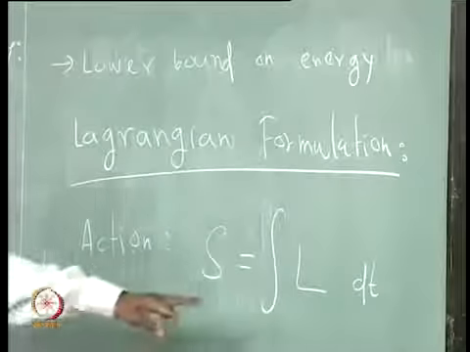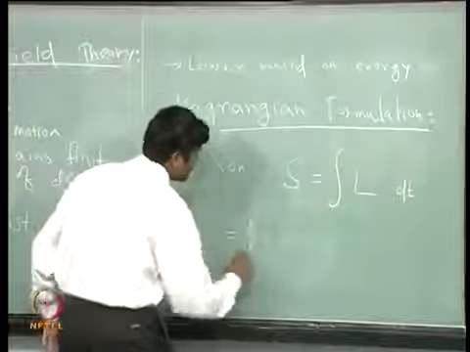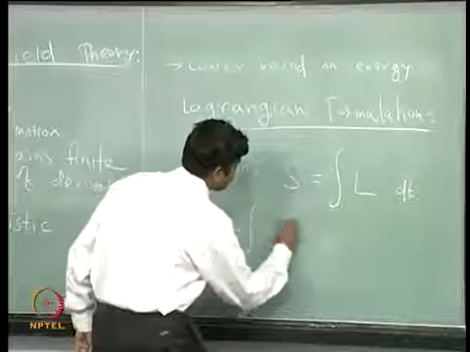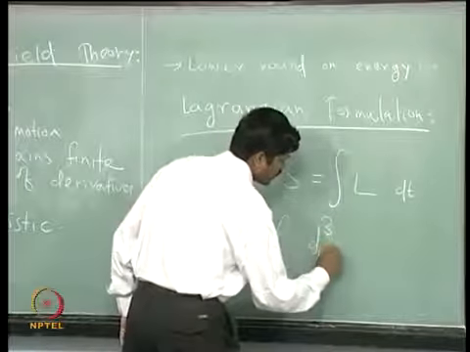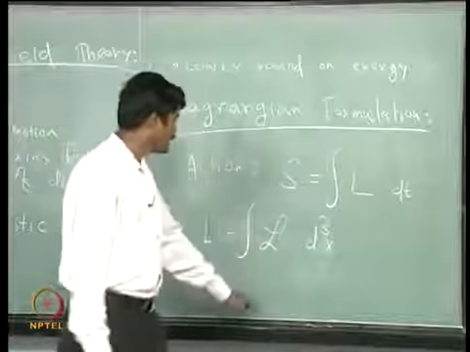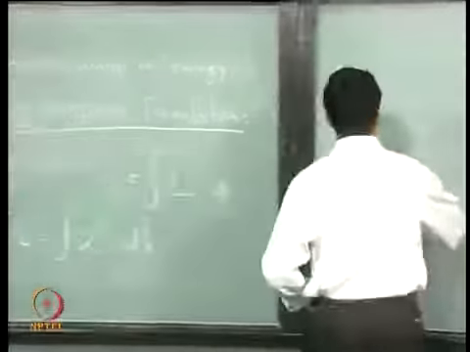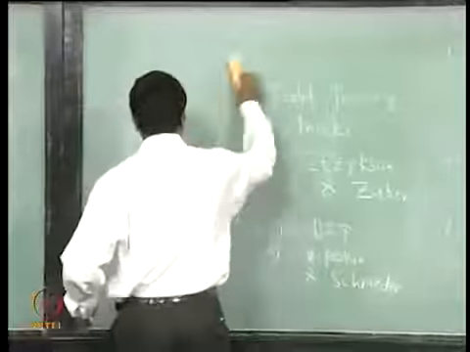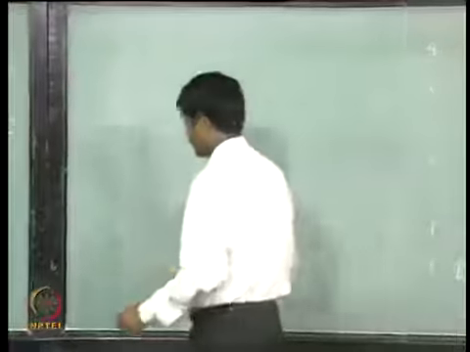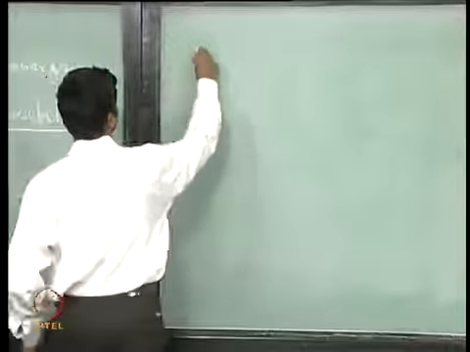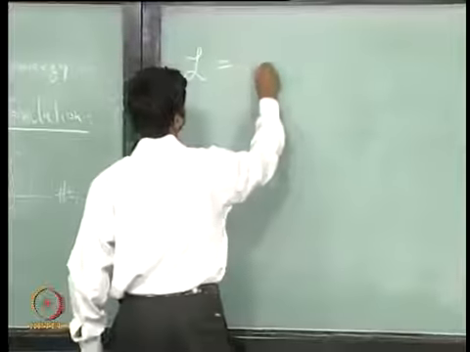The Lagrangian itself, we can write as an integral of script L over the entire space, d^3x, where this script L is known as the Lagrangian density.